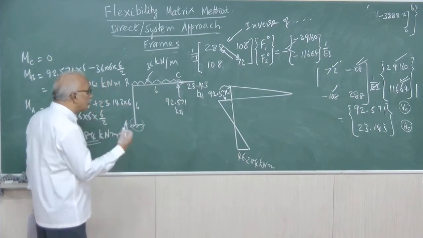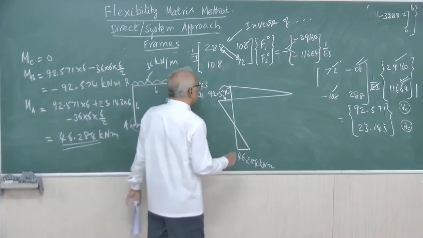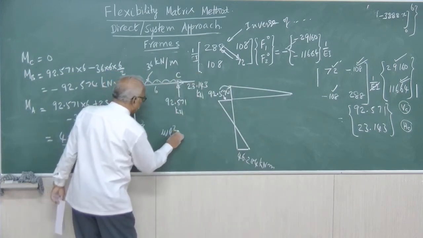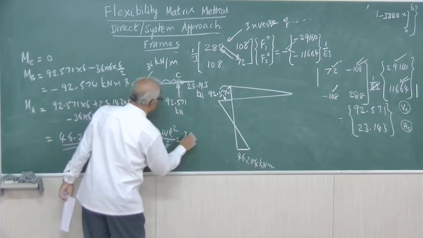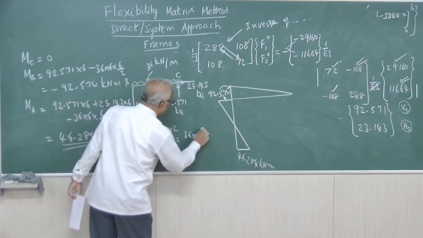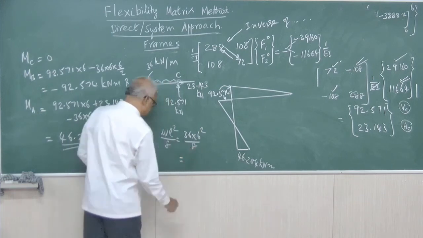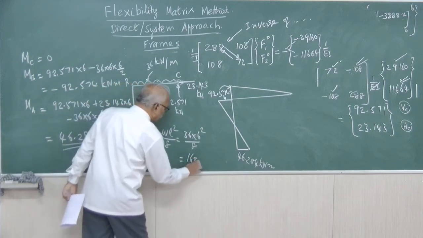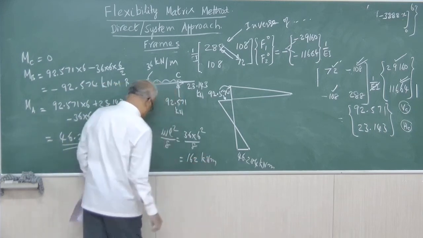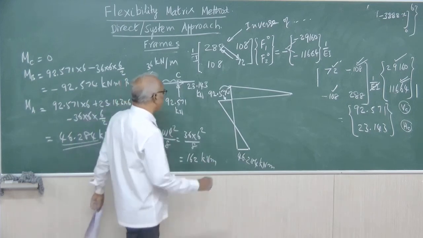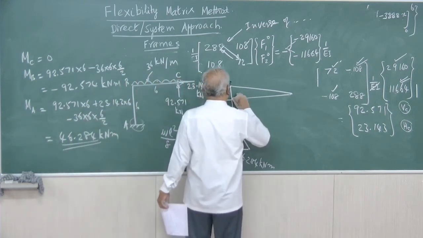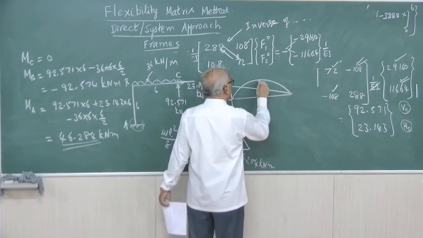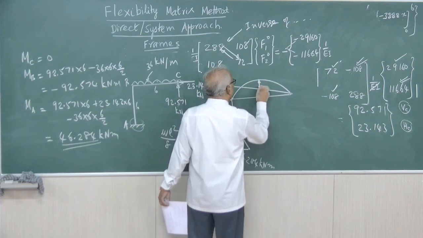Now on this we have to superimpose the simply supported moment diagram, that is WL square by 8. WL square by 8 equal to 36 into 6 square by 8, which will be 162 kilonewton meter. Therefore we can draw a parabolic moment diagram. So the total is 162, or we can find out the net value.